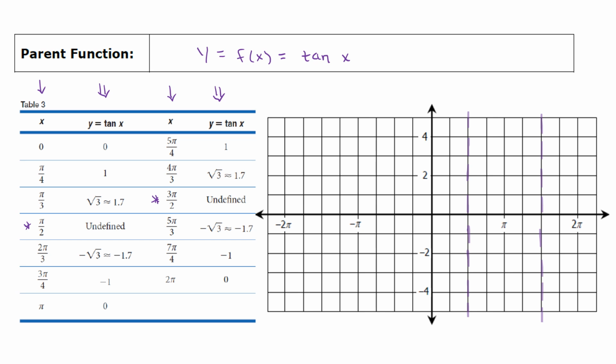So let's plot some points. So we have 0, 0, then we have 1, then we have pi over 3, which is roughly in between pi over 4 and pi over 2, which is 1.7.